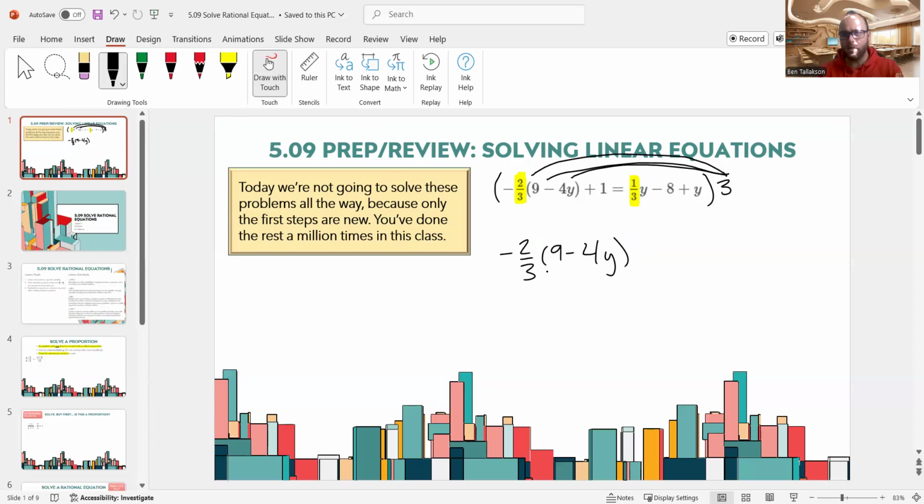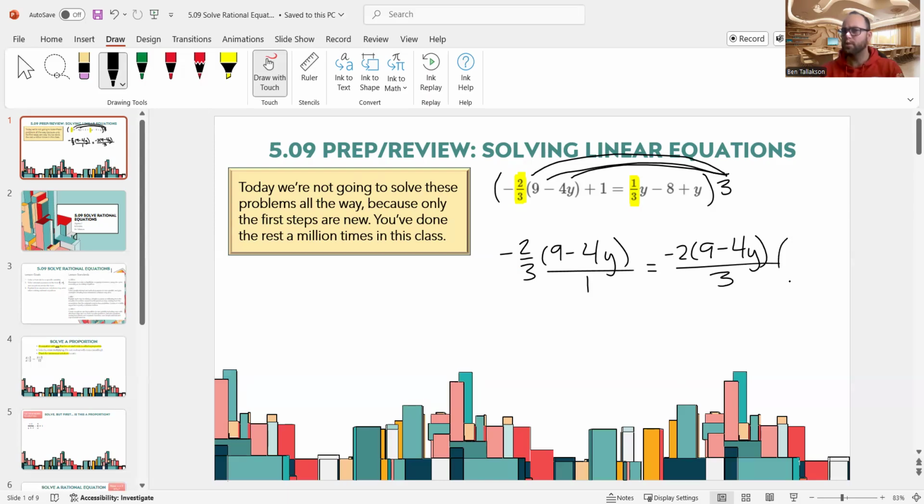And we know anything can be written over 1 if there's no denominator already, right? And if you were to multiply this across, wouldn't you have this over this? So you would have this here, right?